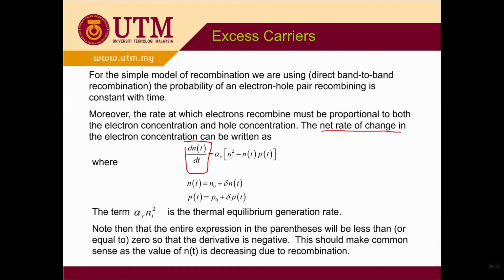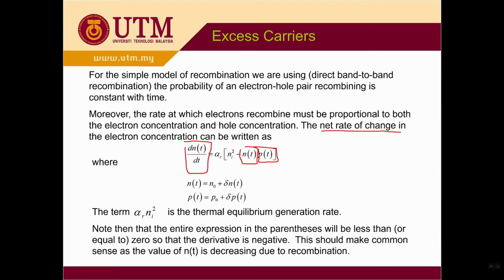The rate must be proportional to both the electron concentration and the hole concentration. So the net change in electron concentration is written here: dn(t)/dt equals alpha r.